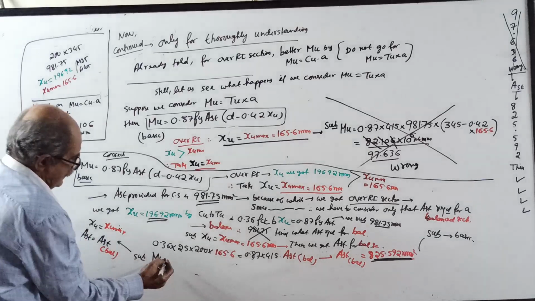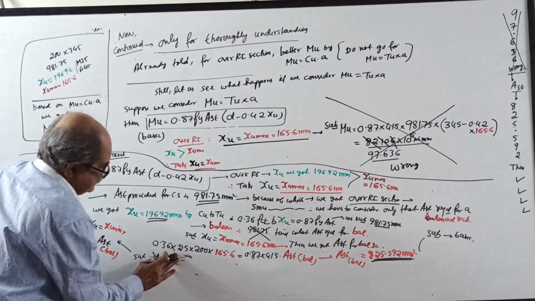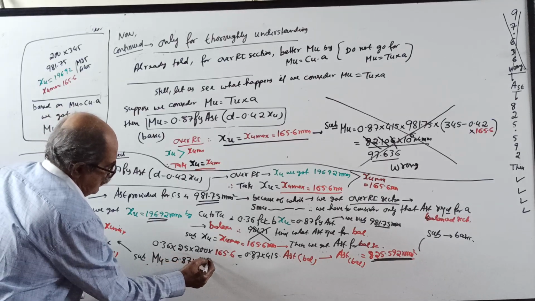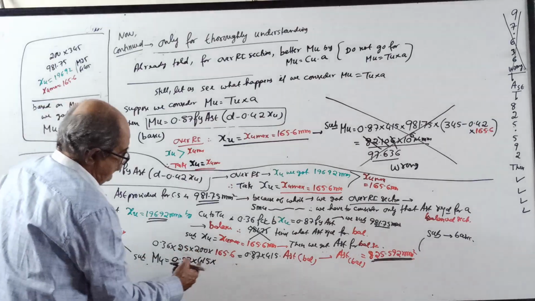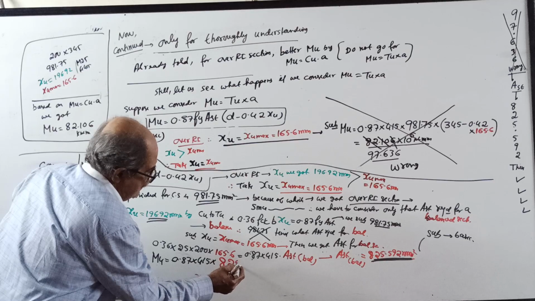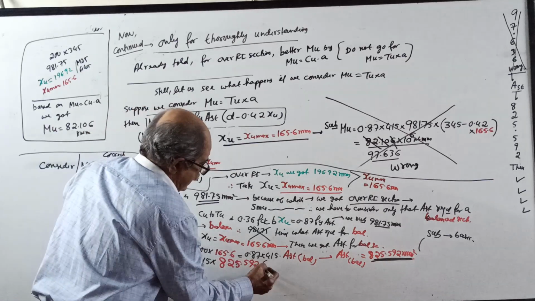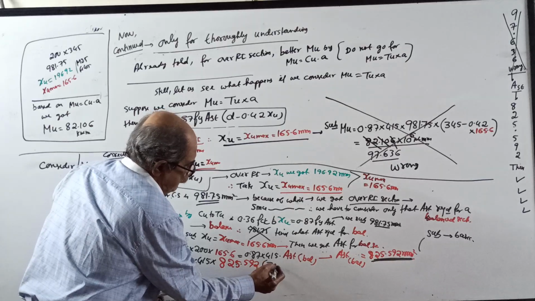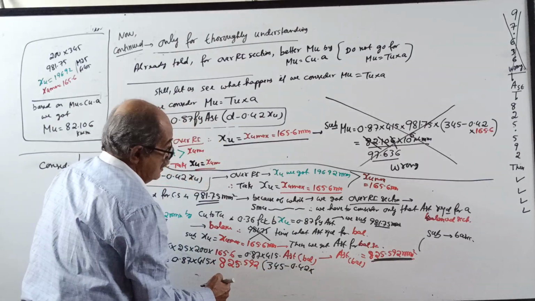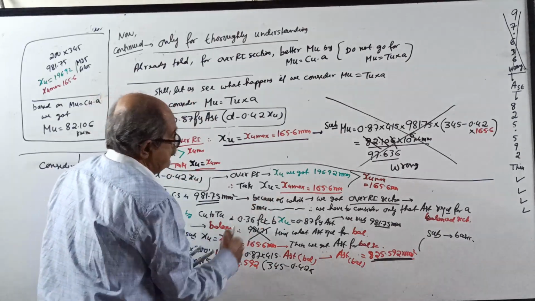See now. Now see answer. 0.36 into, tension equation, 0.87 into Fy, 415 into AST is 825, that balanced steel, 825.592 into bracket D is 345 minus 0.42 into XU 165.6.